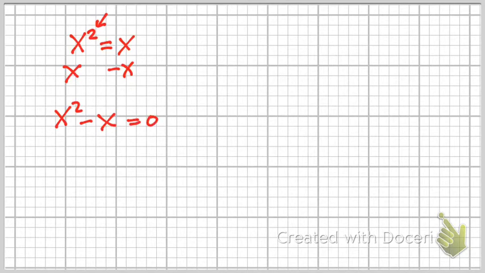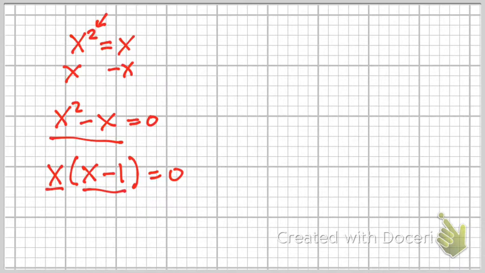Now the way to finish this problem is I simply have to factor here. To factor, I can pull an x out of both of those. So I get x times x minus 1 equals 0. From here, this is what we call the zero property. Either this is 0 or this is 0 because their product together equals 0. Therefore, one of those has to be 0.